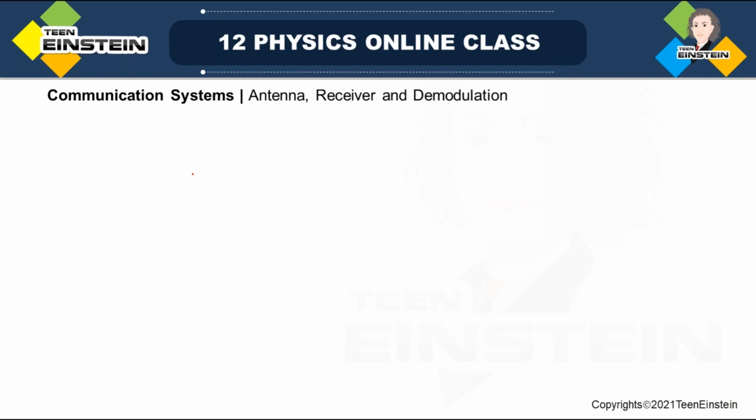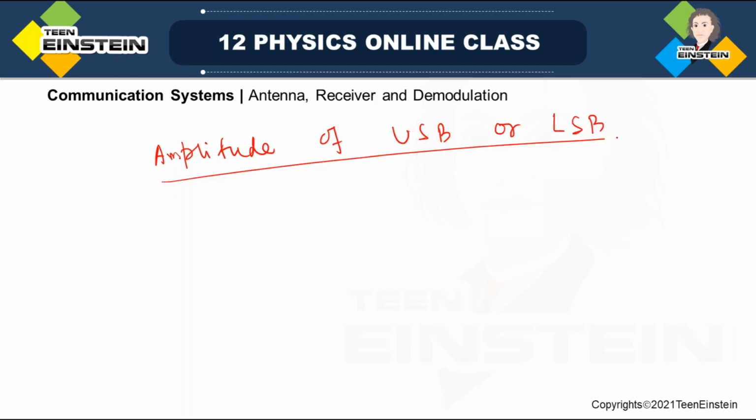To calculate the amplitude of USB or LSB, let me write those: amplitude of side bands. So side bands amplitude will be given by mu AC by 2.